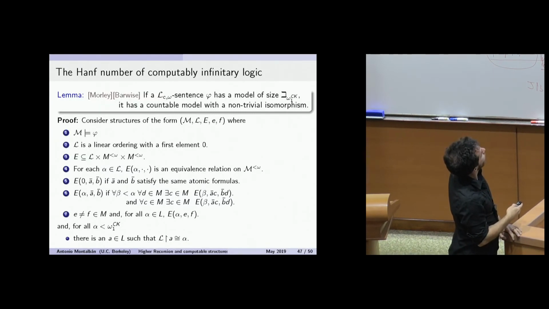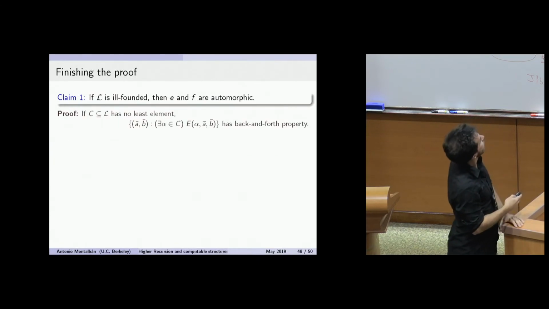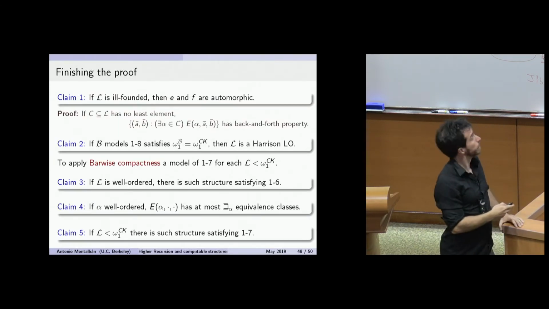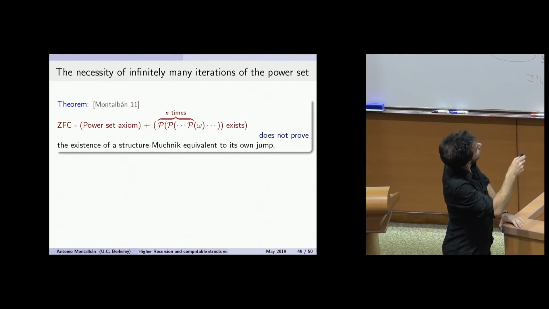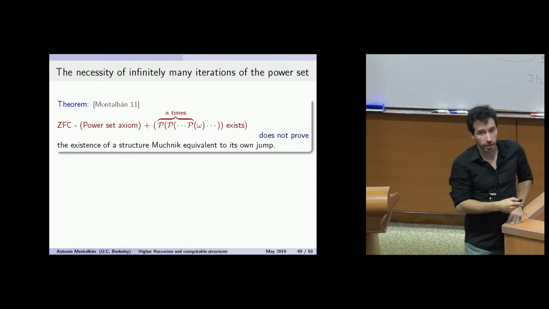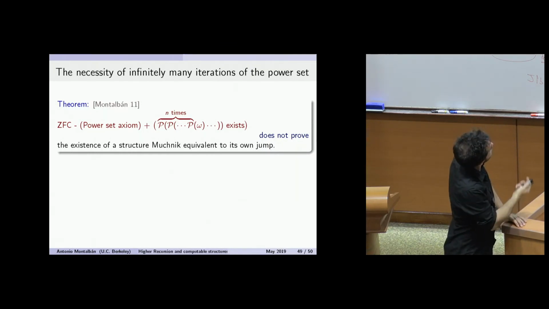All right, so we get a structure equivalent to its own jump from that. Let me just say a quick word about the necessity of infinitely many iterations of the power set. This is the statement of the theorem.